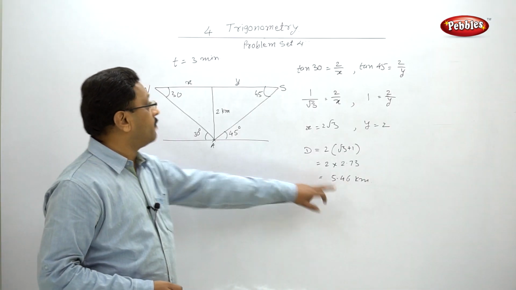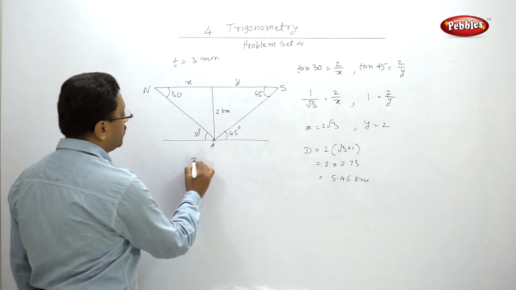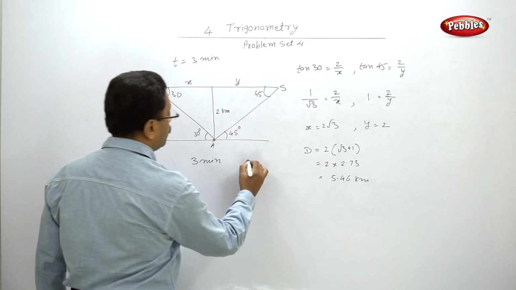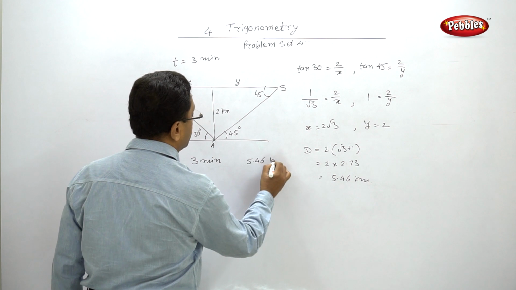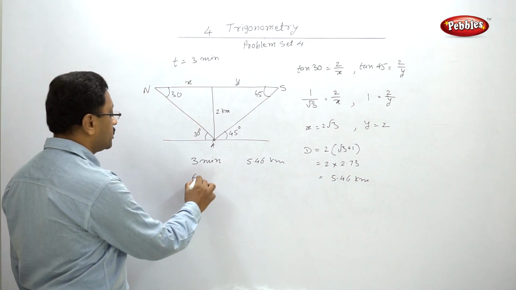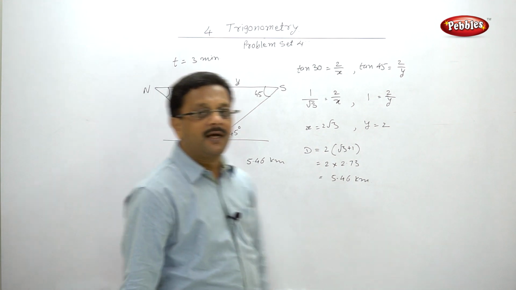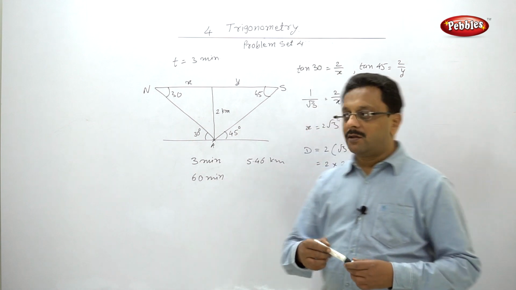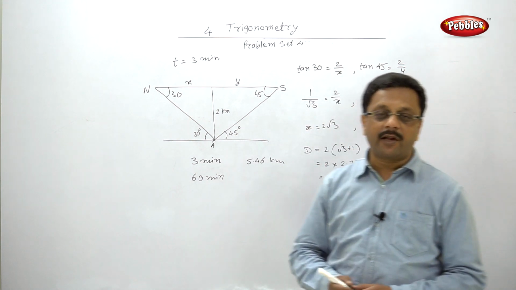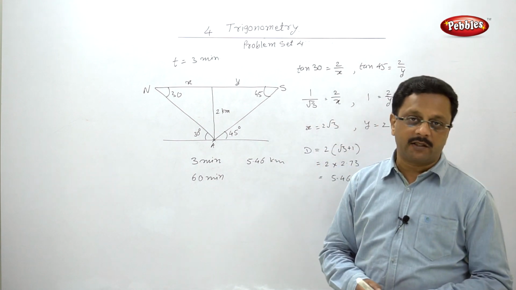This distance is traveled in 3 minutes. So if in 3 minutes it covers 5.46 kilometers, how much distance will it cover in 60 minutes? Don't memorize any formulas. This method you have learned in standard 3, and practically any example can be solved by this.